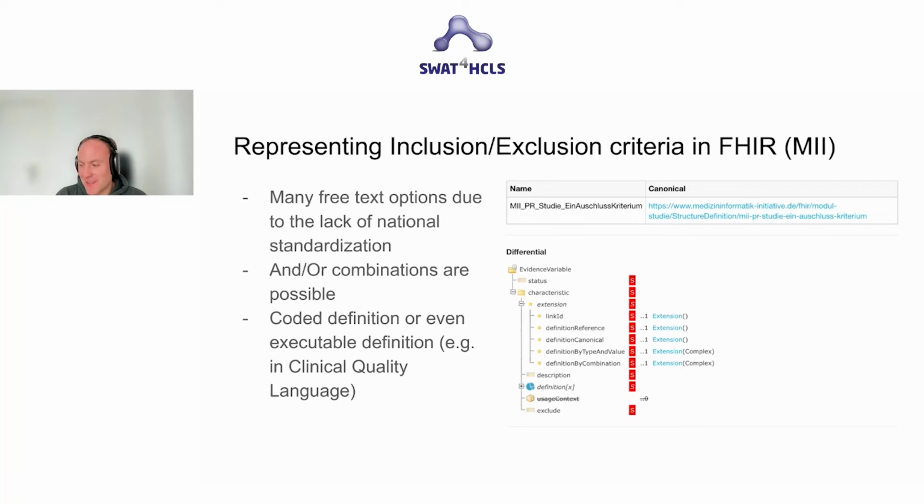Yeah, to be honest, that is still pretty tricky, because we tried to model some projects using a national register here in Germany, but so far what we found is that most inclusion criteria are still just free text. We didn't expect that at first, and that's why we needed to come up with some new elements in the evidence variable, so that we can represent at least the current state of the inclusion criteria.